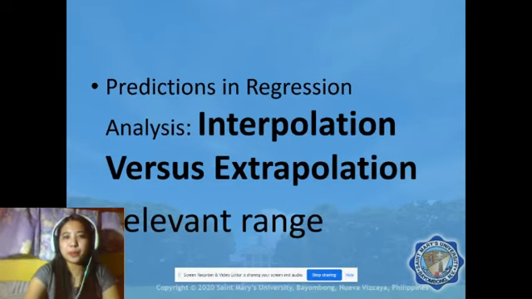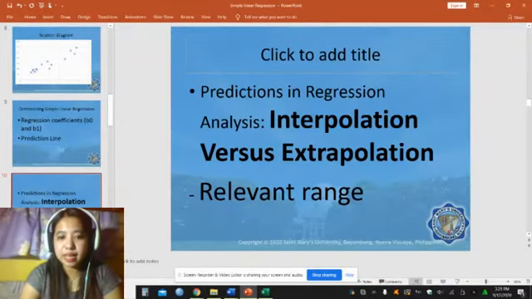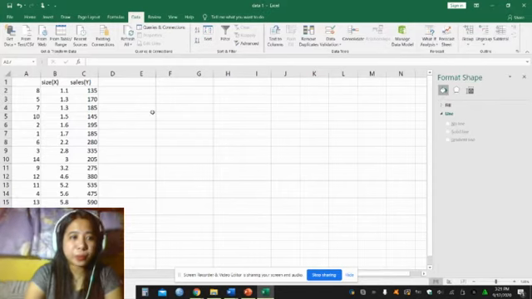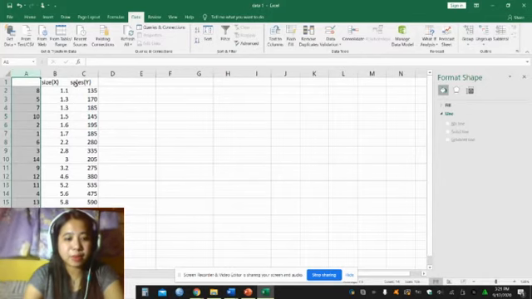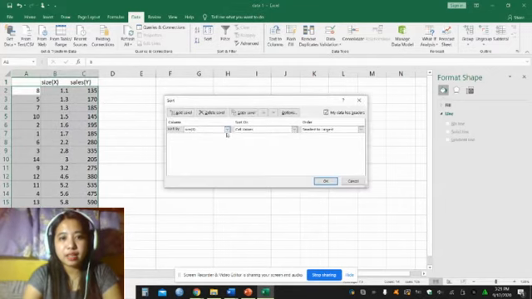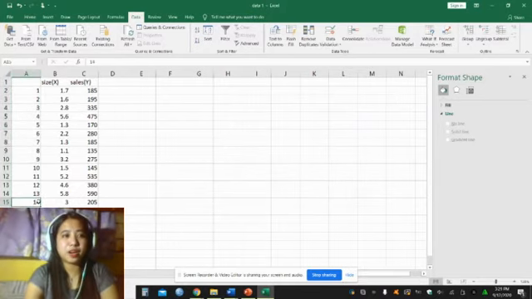In doing so, we go to our data set, which is encoded in Microsoft Excel. So this is our data set. What we will do is just select our data, store 1 to store 14.